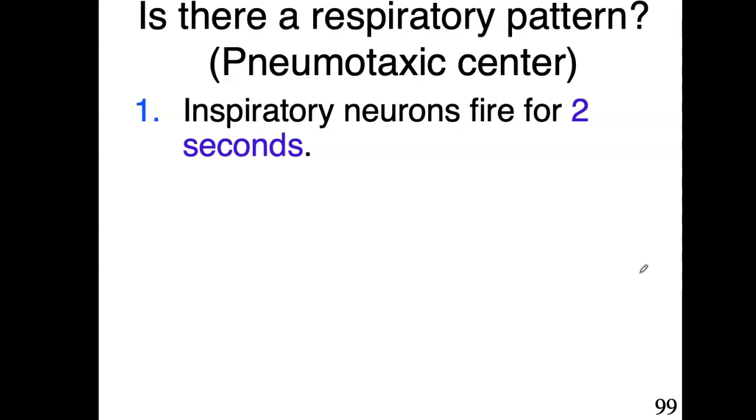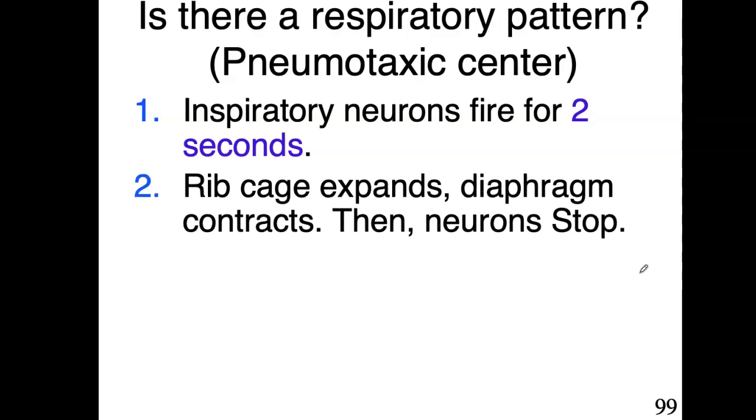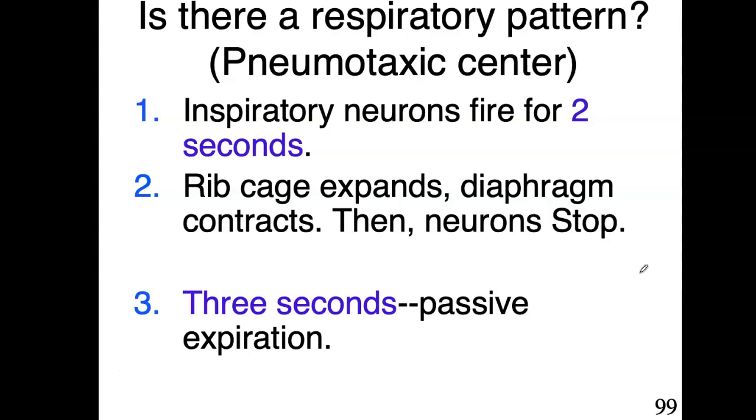So you're inhaling then. The rib cage expands, the diaphragm contracts, and then those neurons stop firing. So there's a reversal there. For 3 seconds, there's going to be passive expiration. So inhale for 2, stop, and then passive expiration, unless you force it, and then you would use the ventral respiratory group.